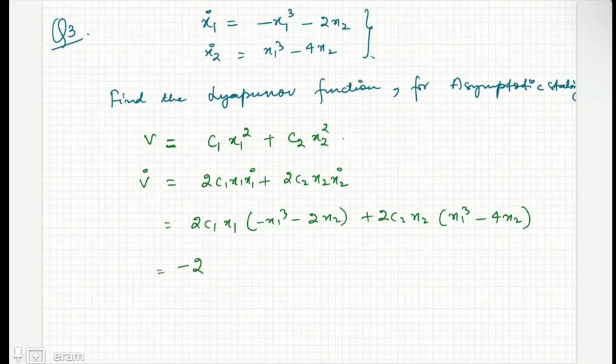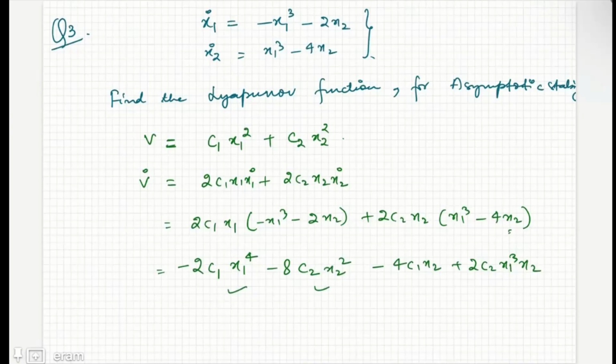So the first term will give us a negative quantity, it is minus 2 c1 x1 to the power 4, and the last term also will give us a negative quantity, that is minus 8 c2 x2 square. But these middle terms are problematic because this gives us 4 c1 x1 x2, and then it gives us 2 c2 x1 cube x2.